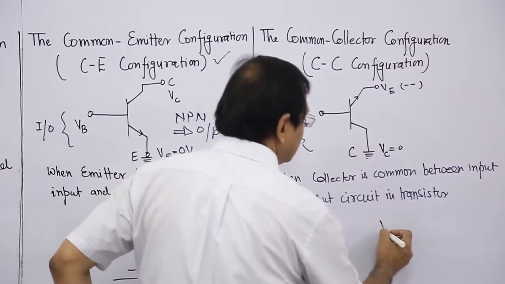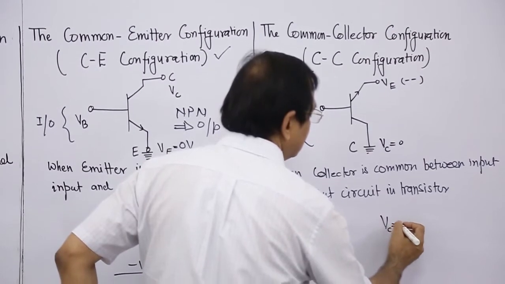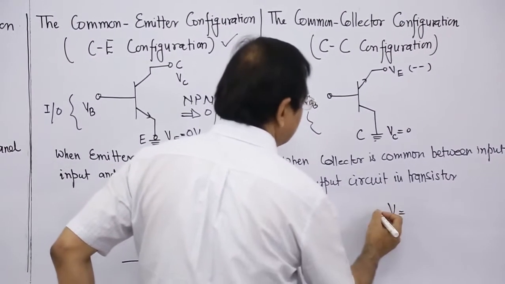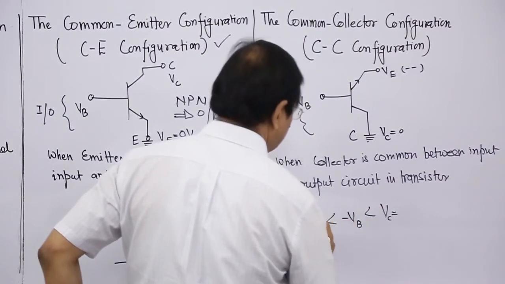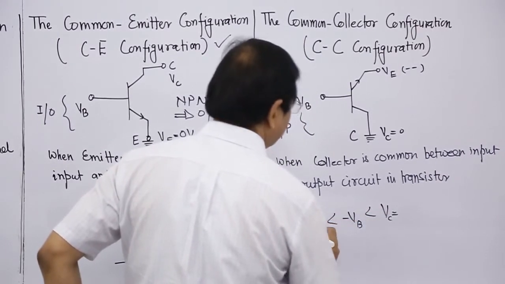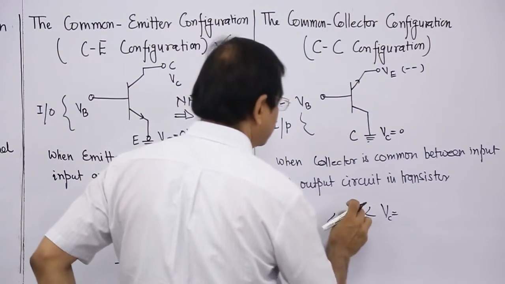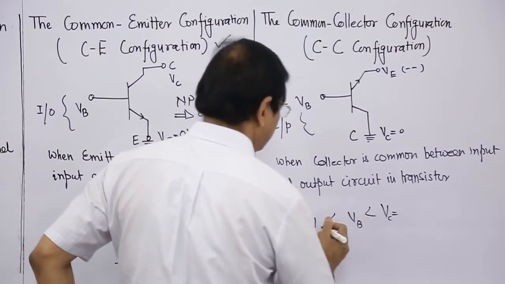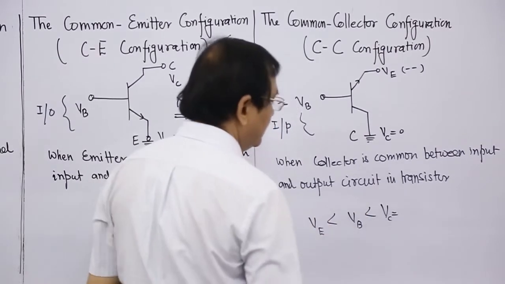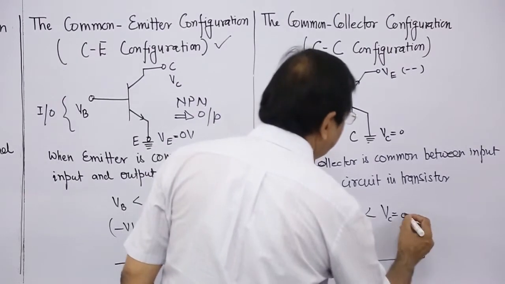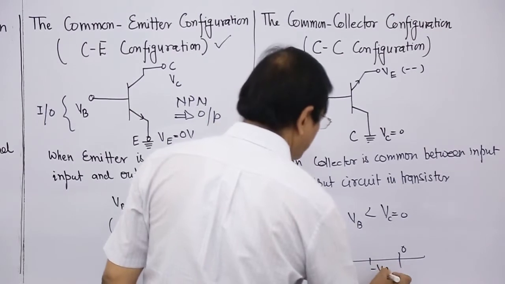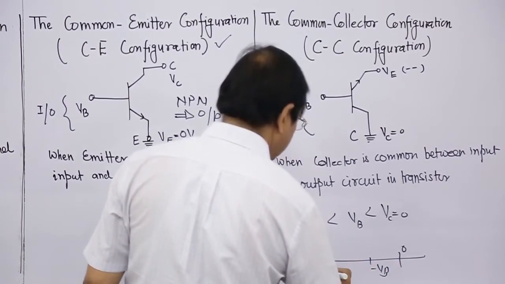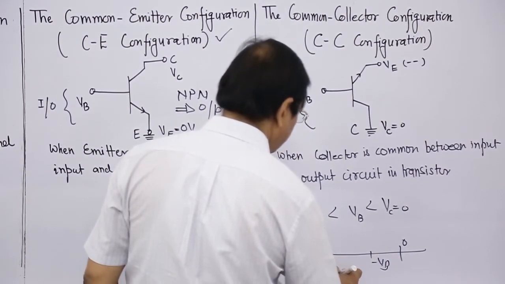So VC is greater than minus VB, and this is greater than minus VE. If we draw this, here it is 0, minus VB, and here minus VE.